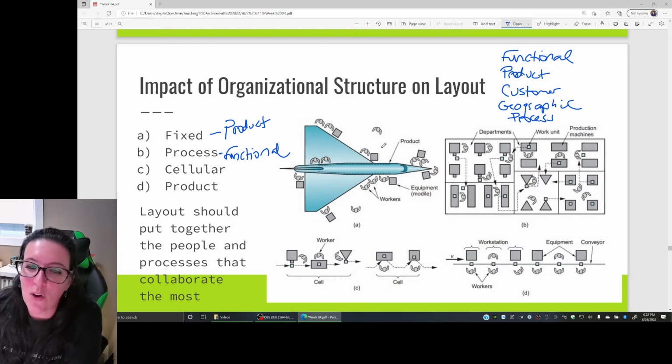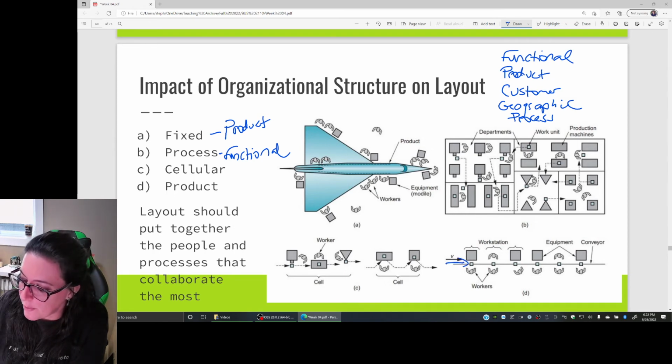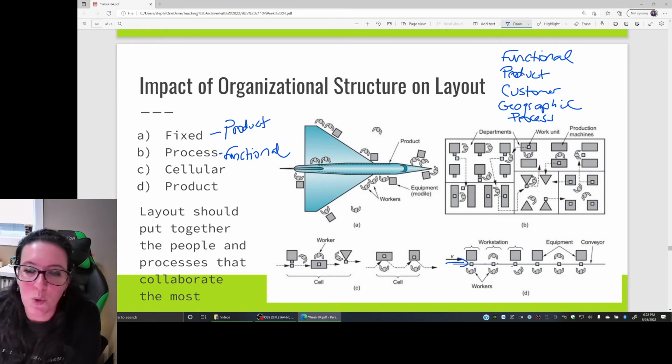C is what is called a cellular layout. We'll come back to that in a moment. And D is what we call a product layout. So when you think of a product layout, think of the assembly line. You're following the steps to make that particular good or service. So everything is flowing through and we each do our step in that process.